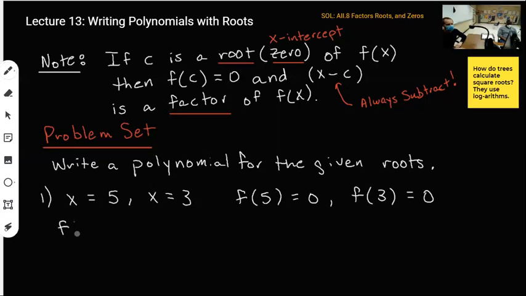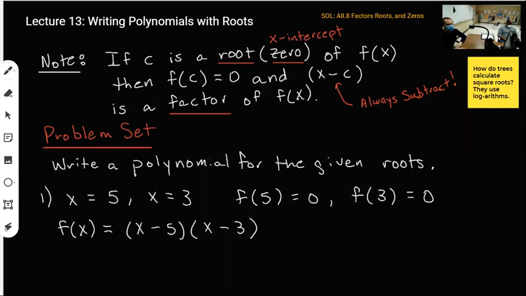So f of x is going to be equal to x minus 5 times x minus 3. So what we're doing here is writing out the polynomial f of x, and we're always subtracting the roots, right?